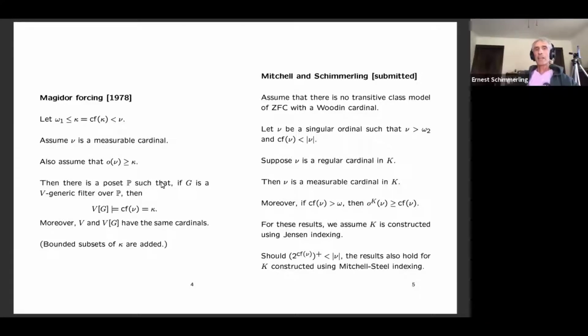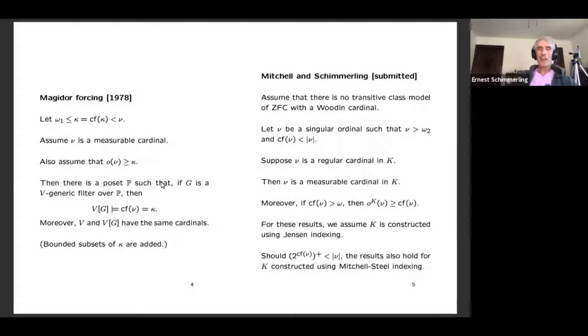And it explains why in the Prikry case you need a measurable cardinal in order to change the cofinality of a regular cardinal to be omega by forcing, and then more generally in the Magidor case to change it to whatever it is. It matches the large cardinal assumption in each case. This theorem shows that, but actually that was known.